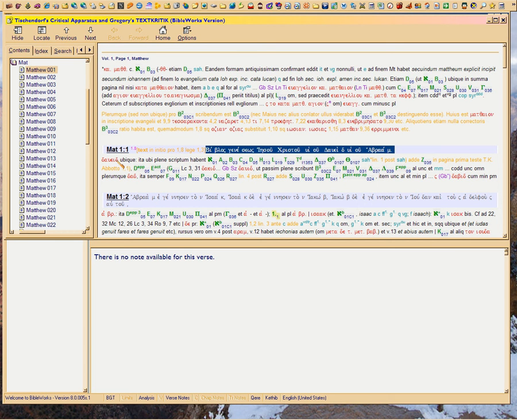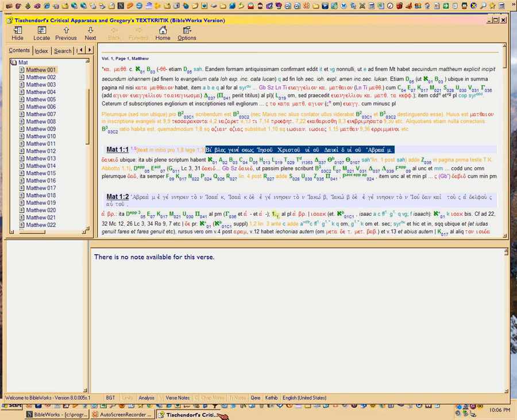See, this is how picayune and meticulous they get. That's why you can trust your Bible, because people have been doing this kind of thing for hundreds and hundreds of years. Tischendorf is a primary example of it, because he's the guy who found Codex Sinaiticus.